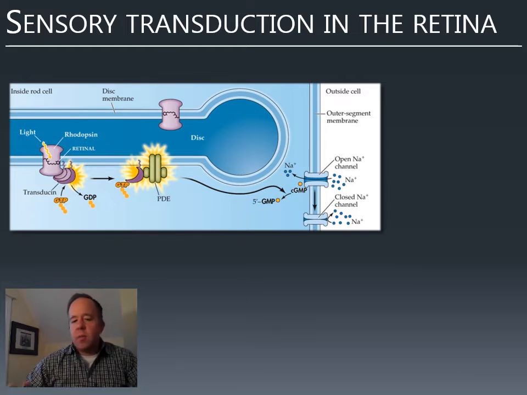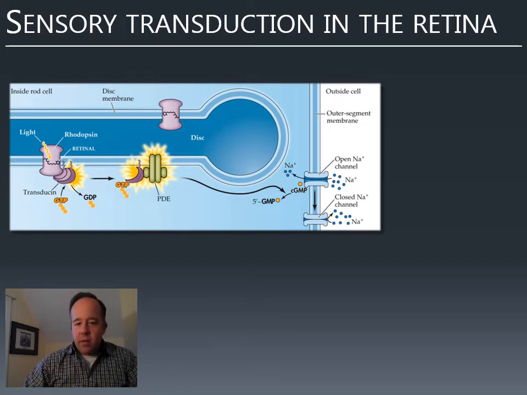There are different kinds. The difference is not important. But you have these molecules embedded in these cells, and when they get hit by a photon, they change shape. And that change in shape sets off a chemical cascade, a chemical reaction, that eventually results in closing down sodium channels.